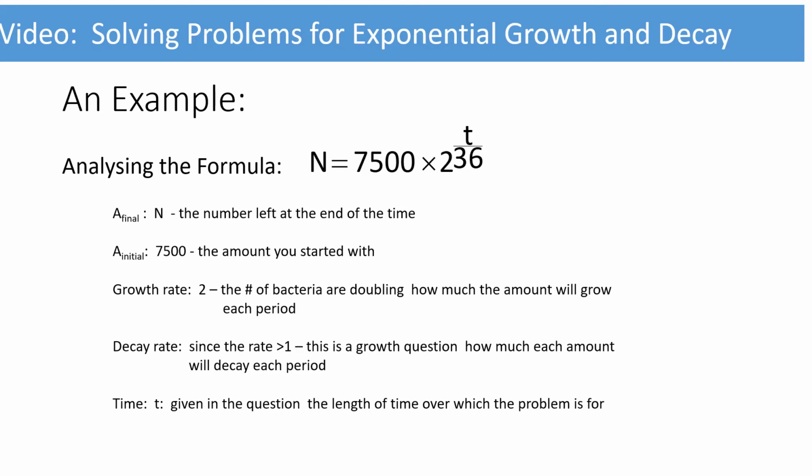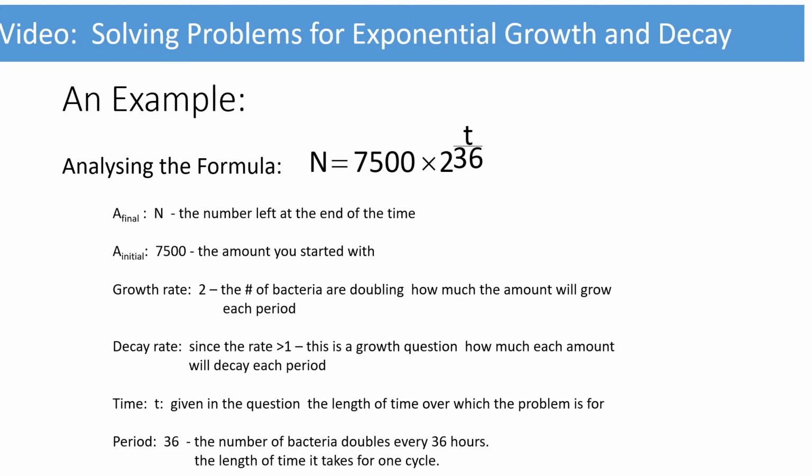Time is the amount of time that we are measuring over. Now we're using the variable t to represent time. The period is 36. This means that the number of bacteria will double every 36 hours.